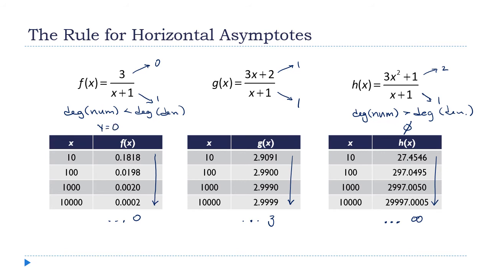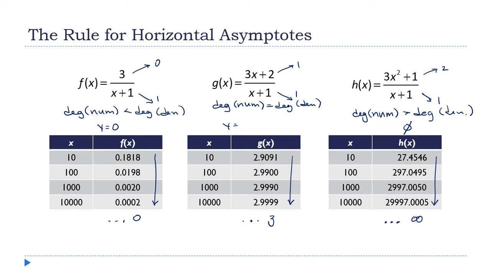It's the x-axis. And finally, this is not hard to do, it's just hard to write out in words. When the degree of the numerator is equal to the degree of the denominator, then there is a horizontal asymptote, and it's at y equals, see, it's hard to write this out.